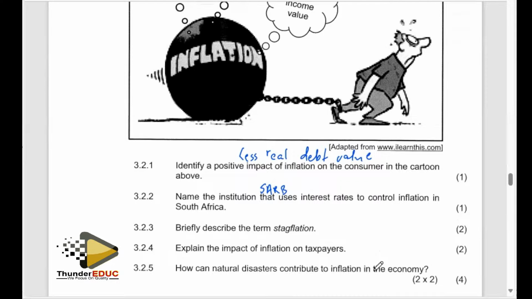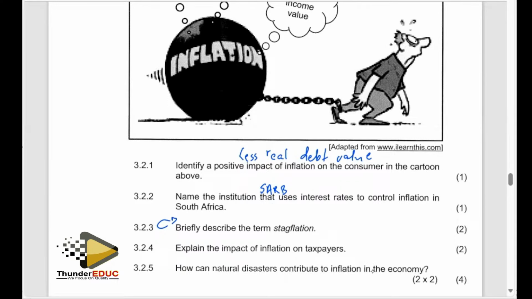So now let's check 3.2.3. Briefly describe the term stagflation. So now stagflation is where a country persistently suffers from both high inflation and high unemployment. Okay, right?